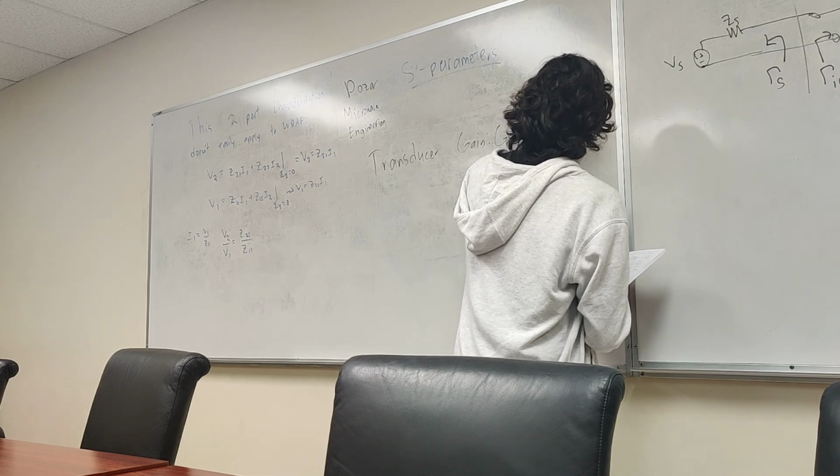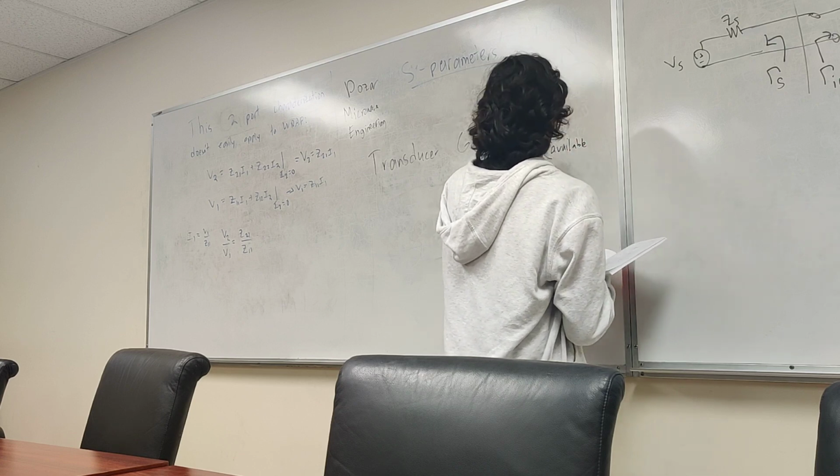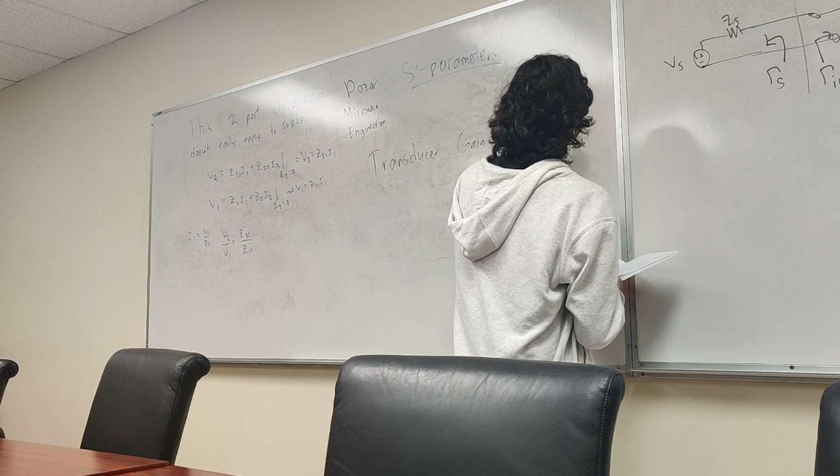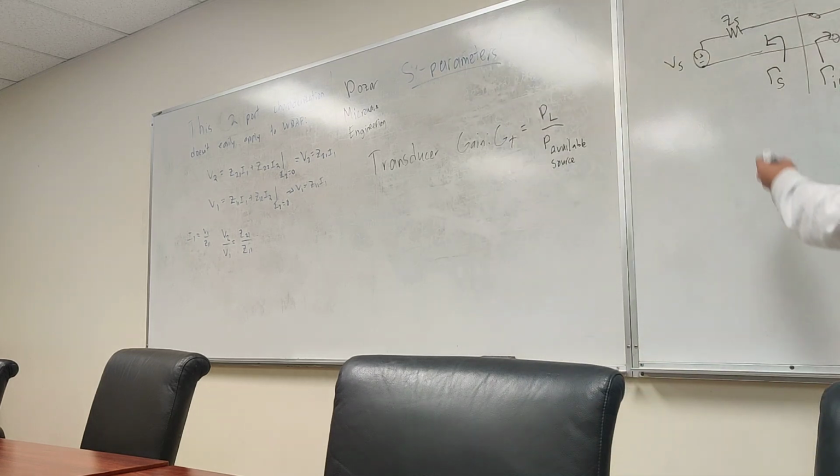over the power available from the source. The power available from the source is whatever power makes it here. Because you can have any amount of power here, but if none of it makes it here, then obviously none of your power is going to be delivered to your load.